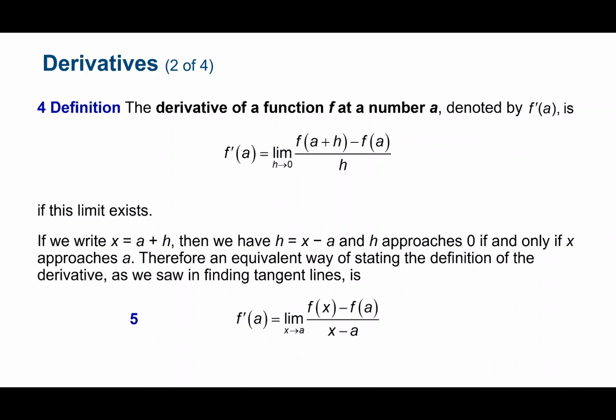Our short notation for derivative is we take the function, here f, and put a little tick mark with it, like a single quote: f prime of a. Anytime you see this thing with a tick mark, it's referring to that limit.